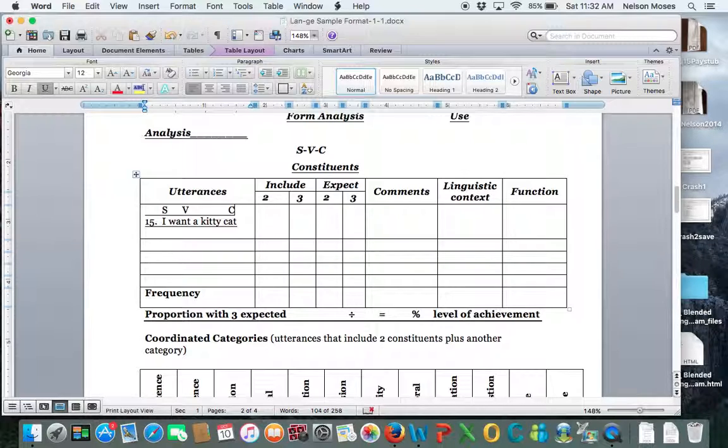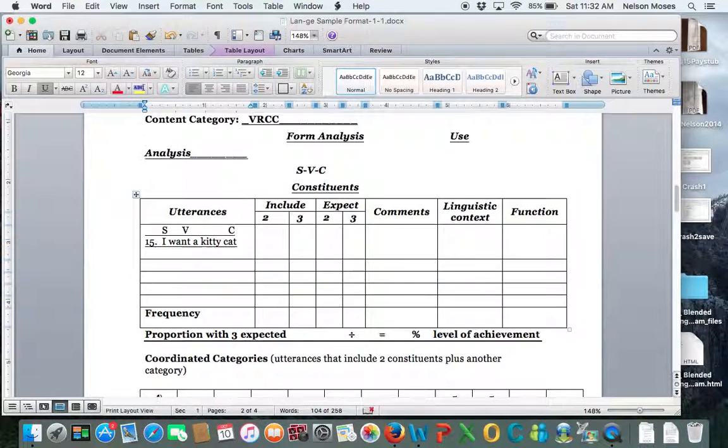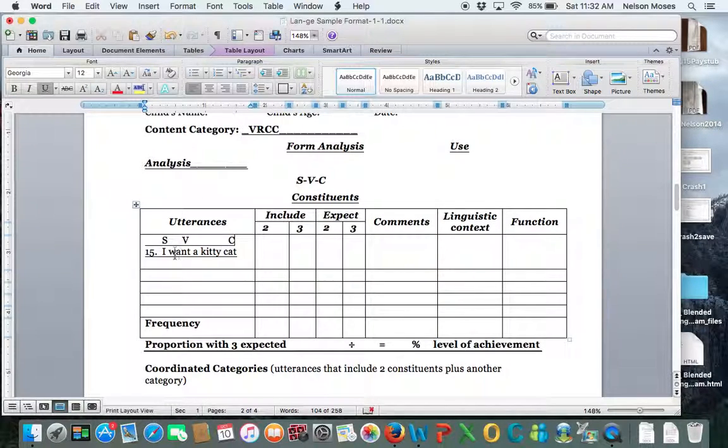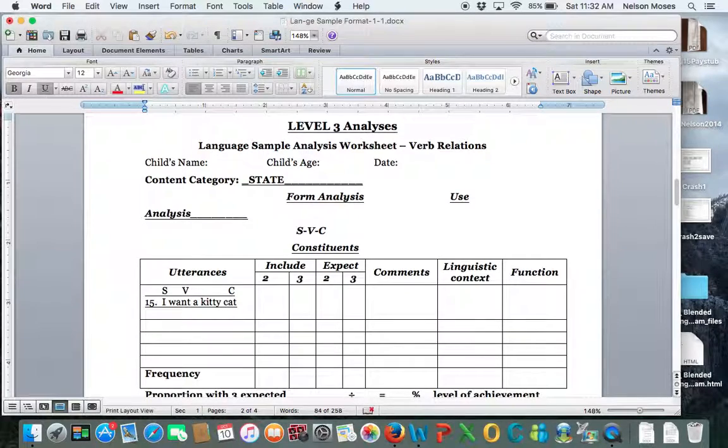We will then only consider SVC to identify what the verb relation content category is. And in this case, what is it? I want cat. Very good. It is state. So the verb relation content category goes on the top. State. And then you make a page. That will mean that you will have a page for state because you've identified a sentence in your sample that has the verb relation content category state represented.